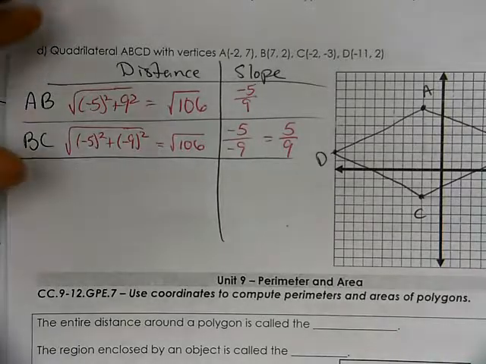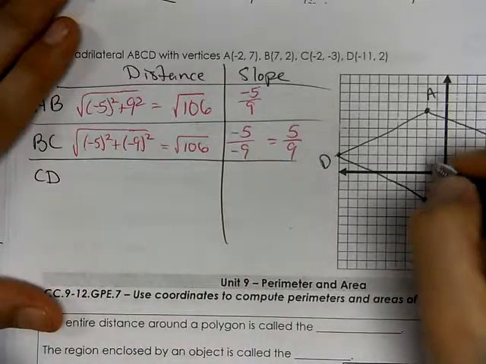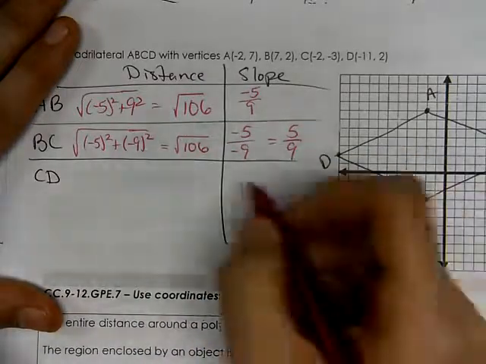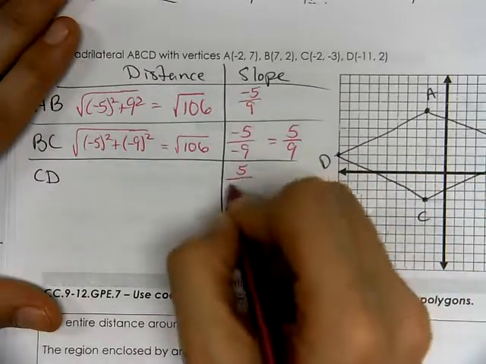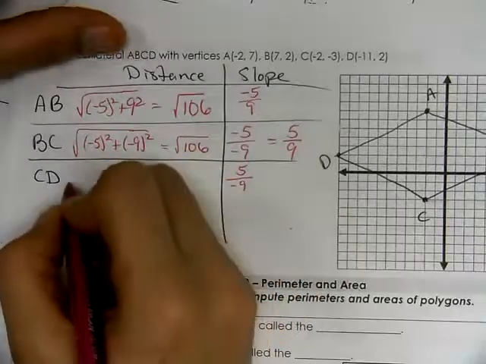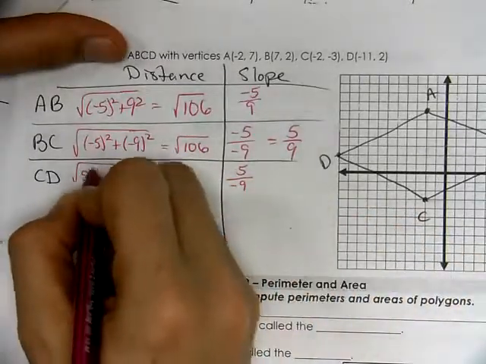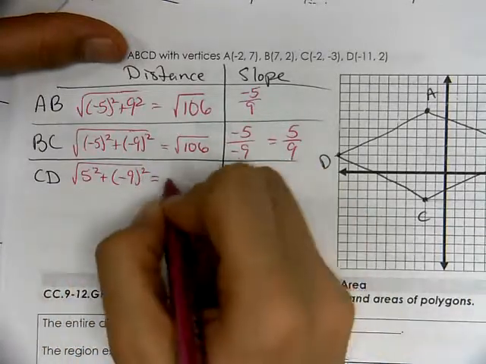C to D, I go up 5, to the left 9, so I get negative 5/9 again. So you see how it kind of gets easier as you go? It lets you kind of figure it out.